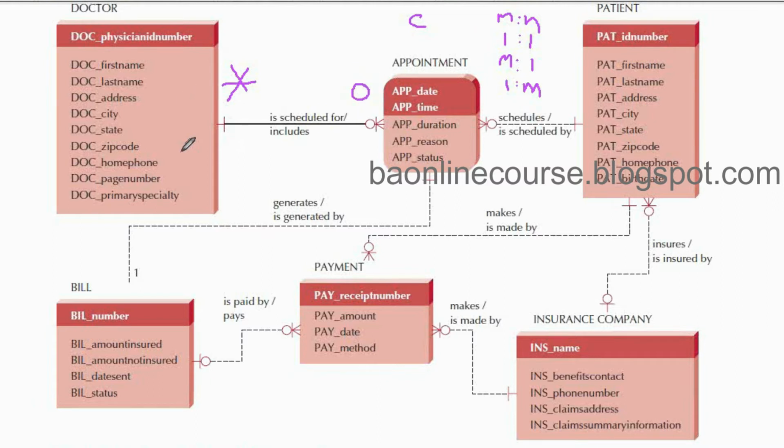You will first register the doctor once he is onboarded and all the formalities are completed, then the appointments would start coming in. So a doctor can stay independently, an appointment cannot. That is the information coming out using modality. So in this relationship between a doctor and appointment, a doctor is mandatory, appointment is optional.